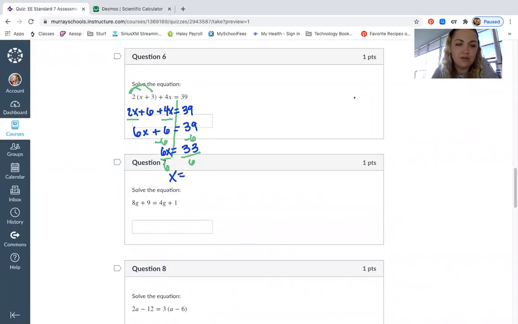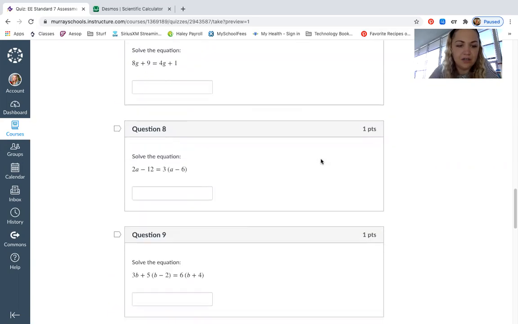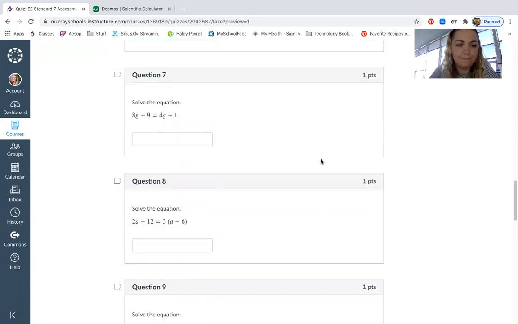So 5.5 is my decimal answer. I don't think it lets you type in fractions. Let me make sure. If I were to try to type in 33 over 6, yeah. So on these ones, the decimal answer is fine. Okay, so let's go to the next problem. Question number 7.